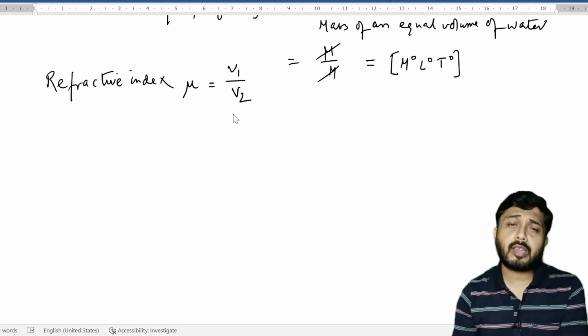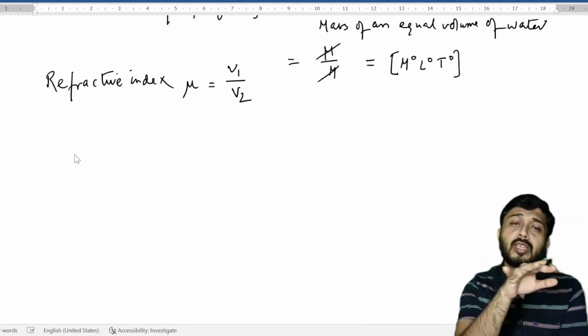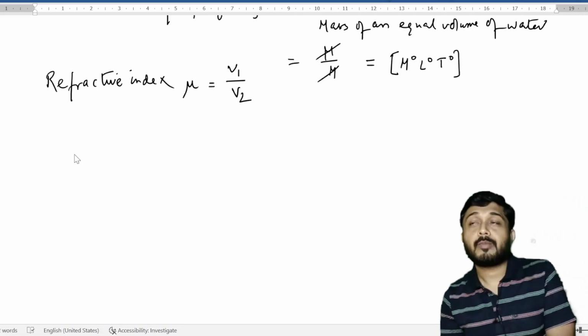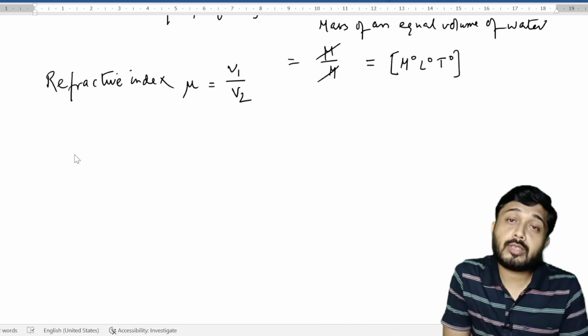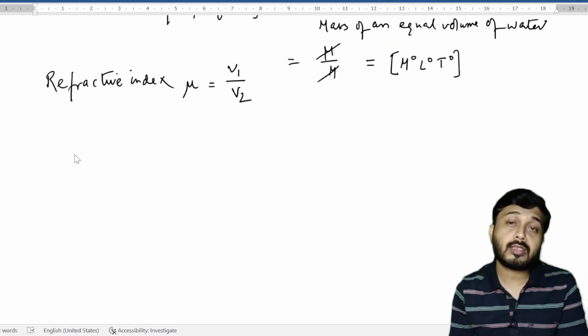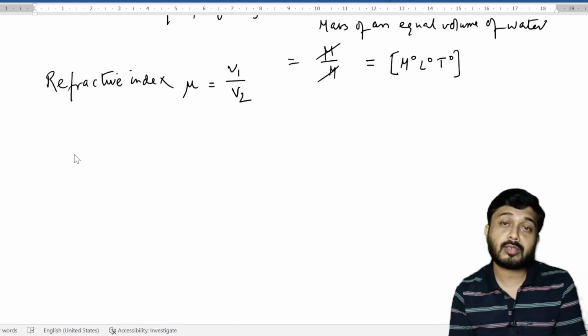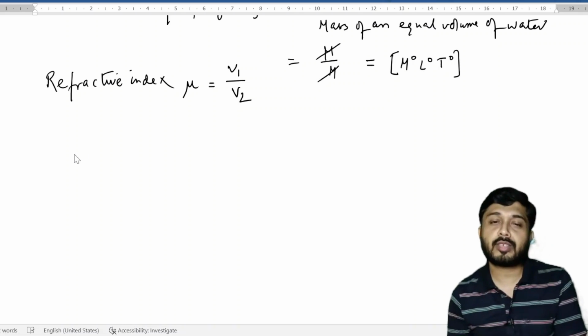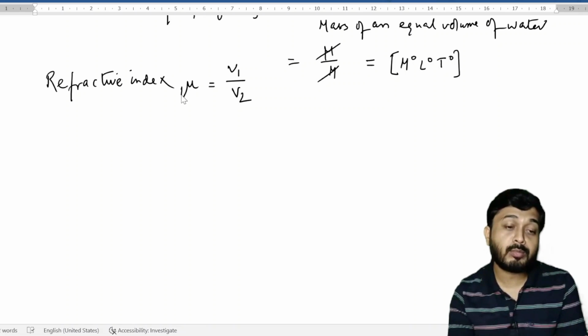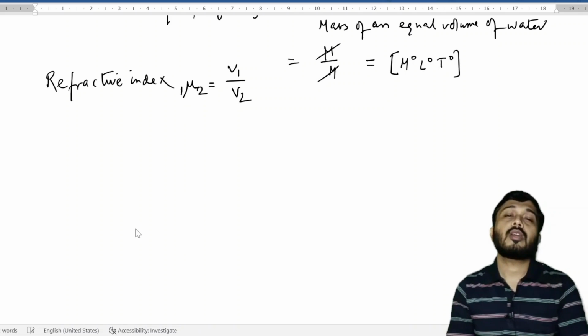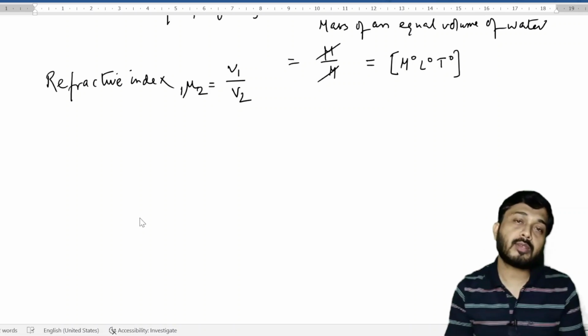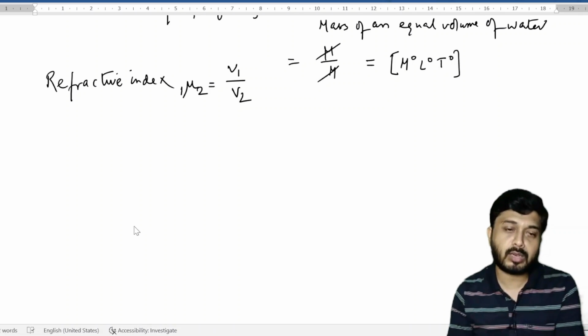If a ray of light is traveling from one medium to another, then the ratio of the velocities of light in the first medium to that in the second medium is called the refractive index of the second medium with respect to the first medium. Keep it in mind. So this is actually 1 mu 2. 1 mu 2 is the refractive index of medium 2 with respect to medium 1, right?